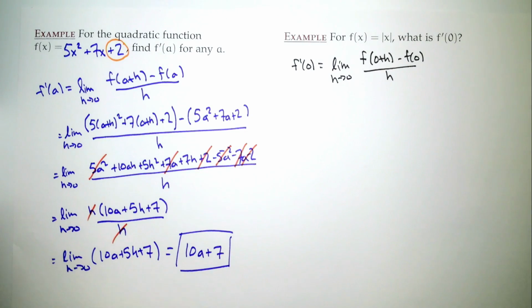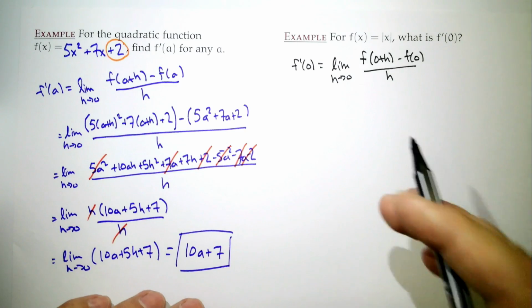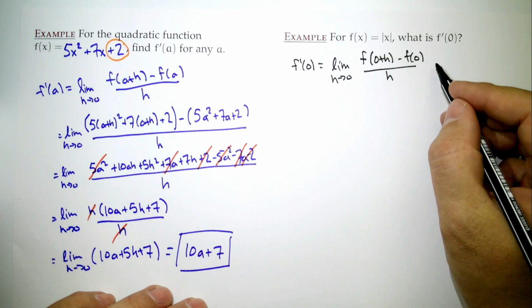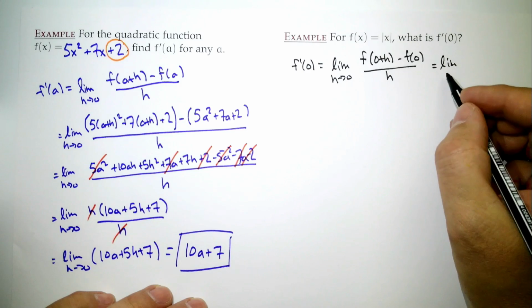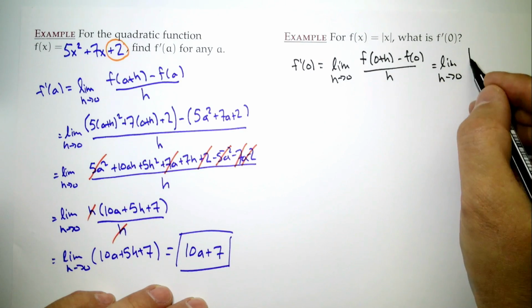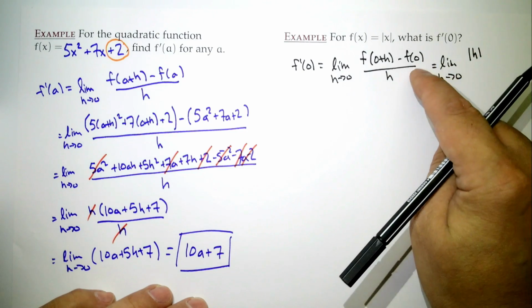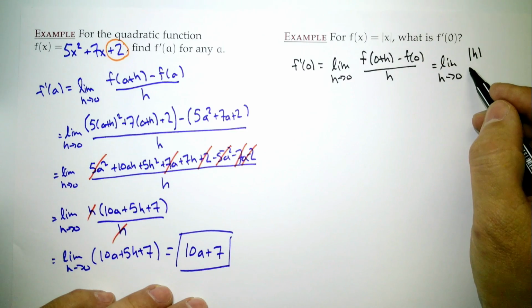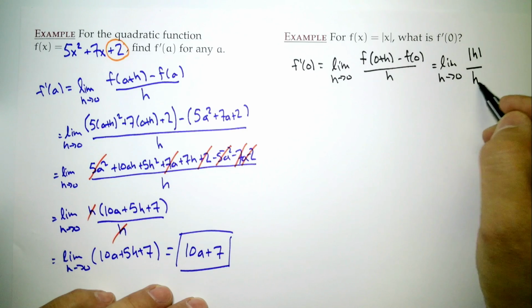I'm just putting in the definition so far. Now 0 plus h is simply h, and f of h would be absolute value of h. The absolute value of 0 is 0. So I get the limit as h goes to 0 of absolute value of h over h.